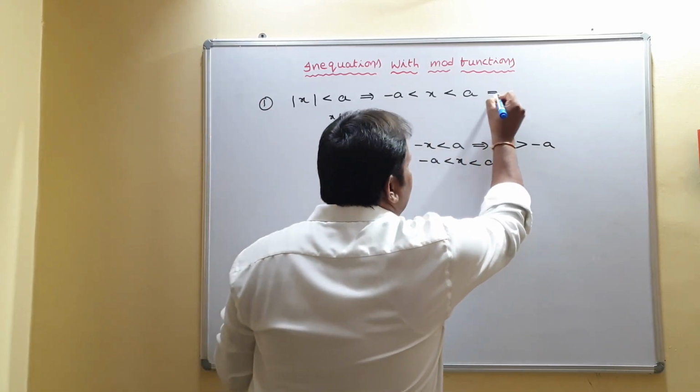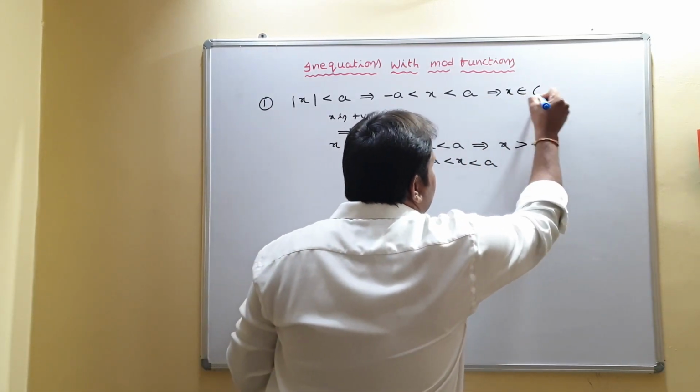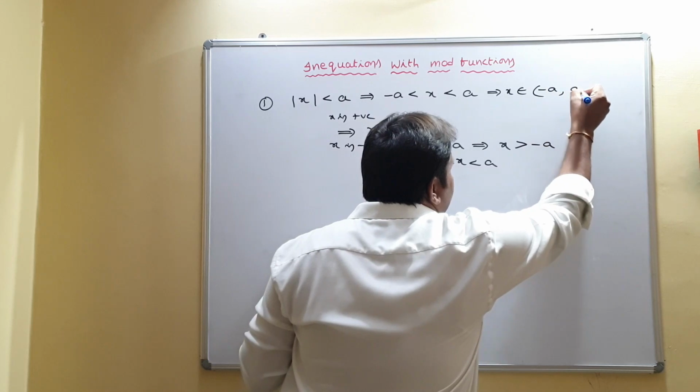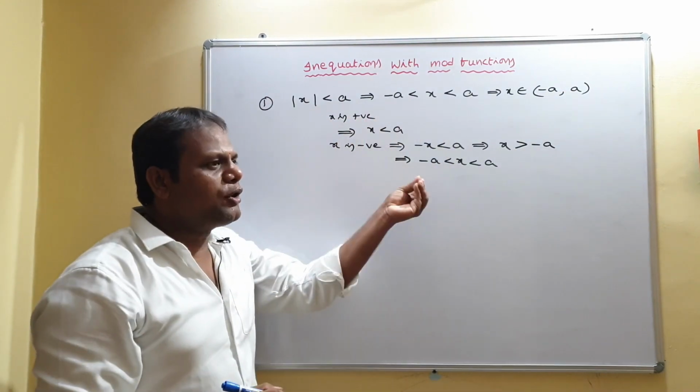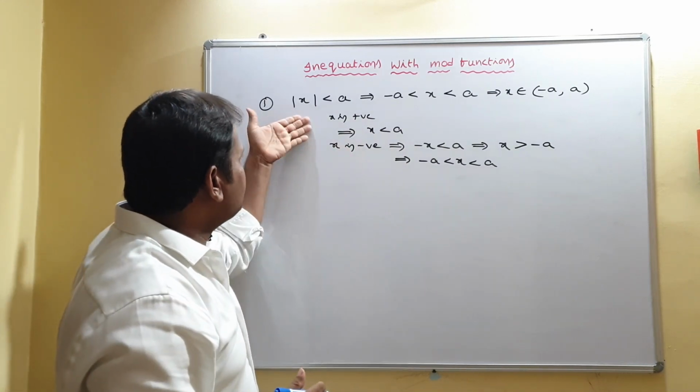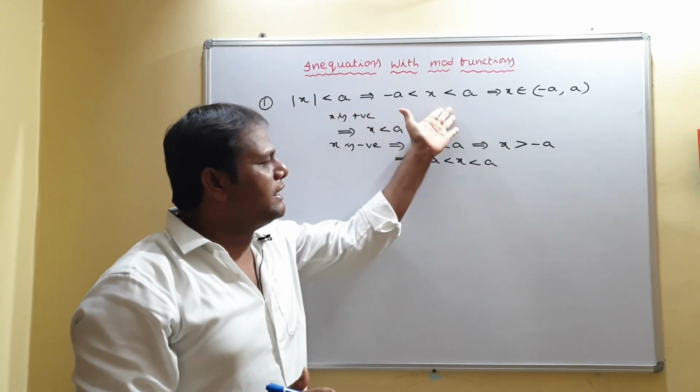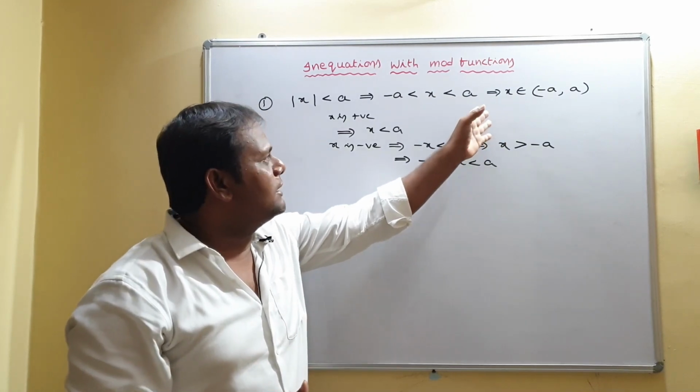So you can write that as x belongs to the open interval minus a to a. Remember, in any problem, if you arrive at mod x less than a, you take minus a less than x less than a.